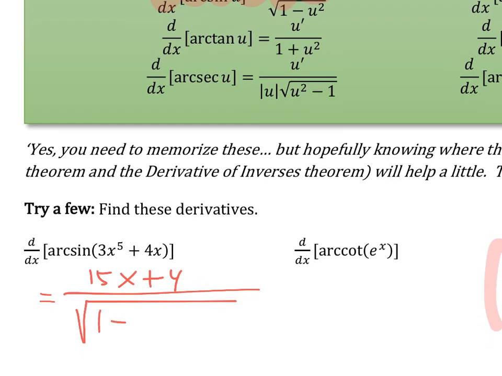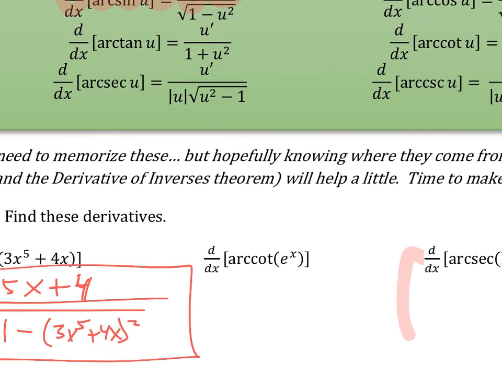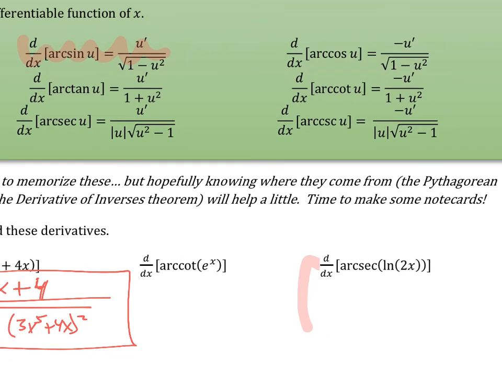So 1 minus u, which is 3x to the 5th, plus 4x squared. There it is. That is it. Okay? So yes, in the end, it comes down to memorizing, but understanding that triangle, or kind of where it comes from, will help a little bit there in making some sense of it.